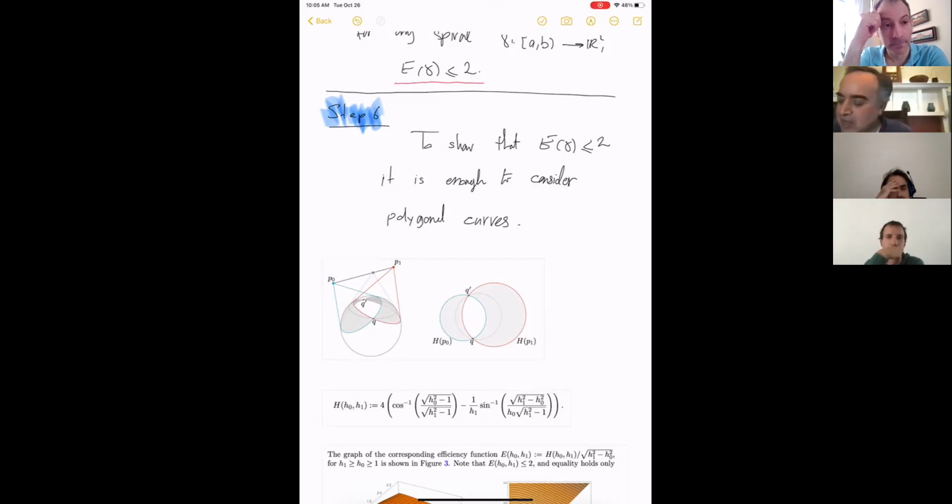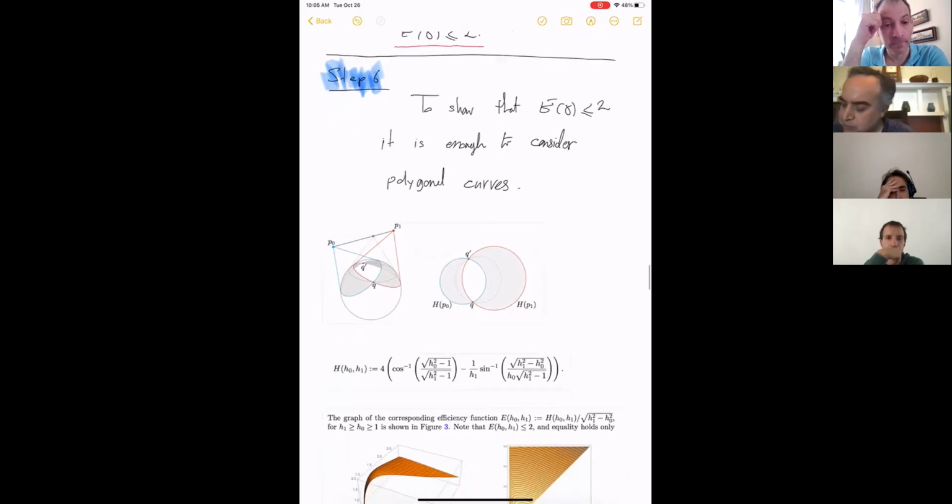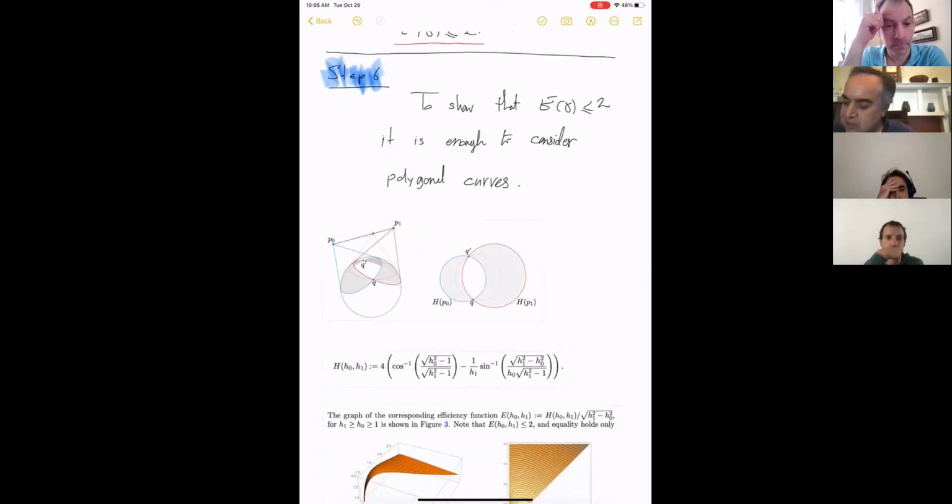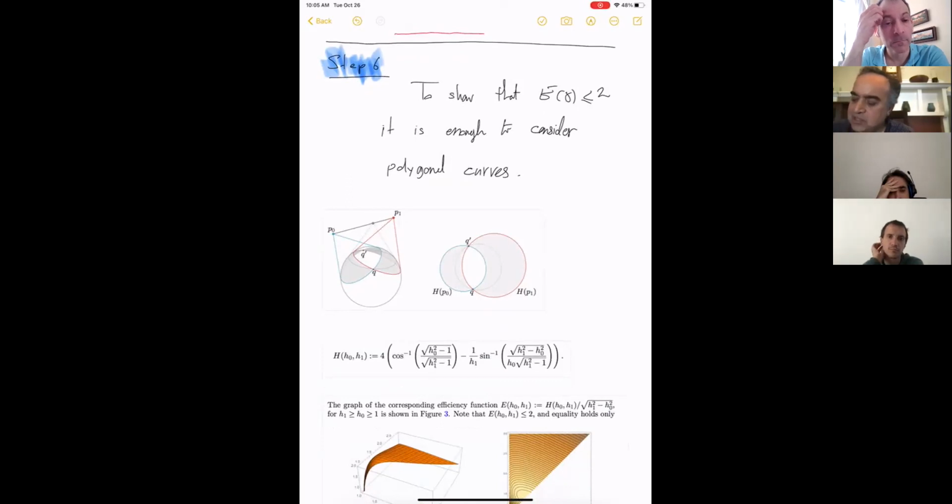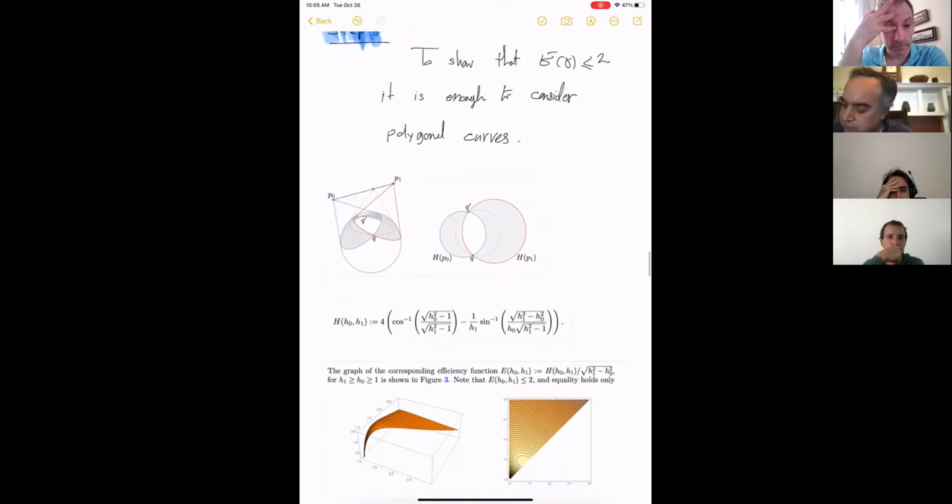So the horizon is just the sum of the area of these 2 lunes. Here, H0 and H1 are the distances of these points, P0 and P1, from the origin. And if you have these distances, then you can compute this shaded area. So this formula that I've written, in H0 and H1, gives the area of this shaded region. This is the horizon of a line segment.